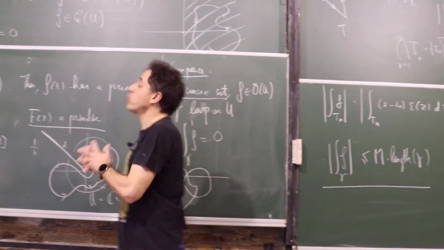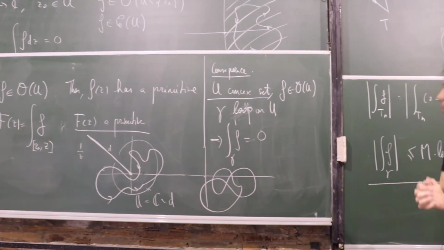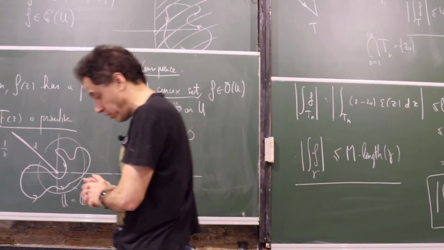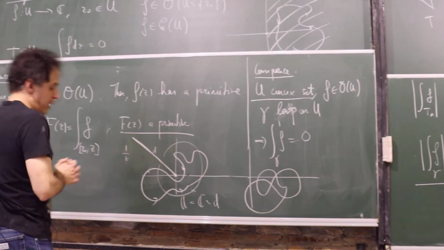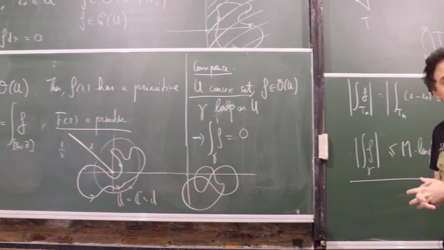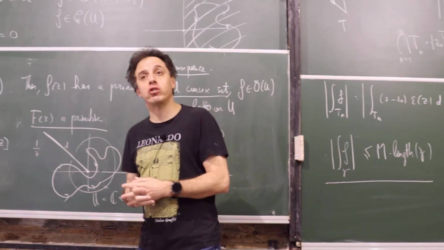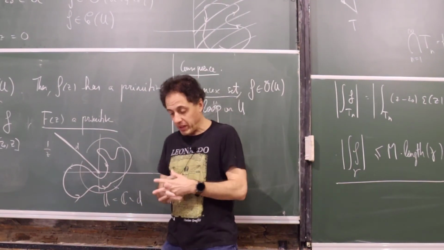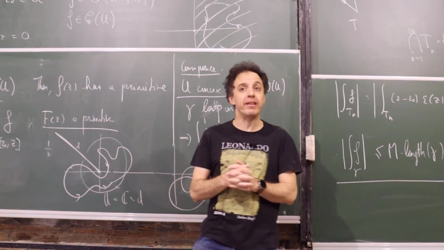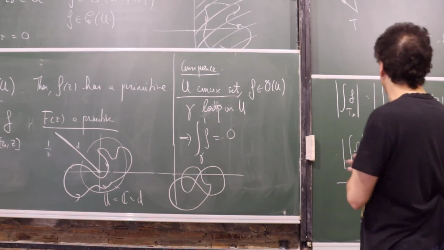Only in order to finish, I would like to make a brief summary. Every holomorphic function defined in a star-shaped domain or a convex set has a primitive, and this is a consequence of Goursat's theorem, which says that a holomorphic function defined in an open set U has zero integral along any triangle completely contained in the open set, and this is what we need to construct the primitive.